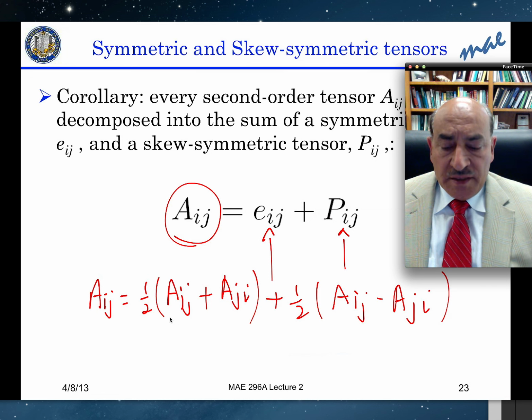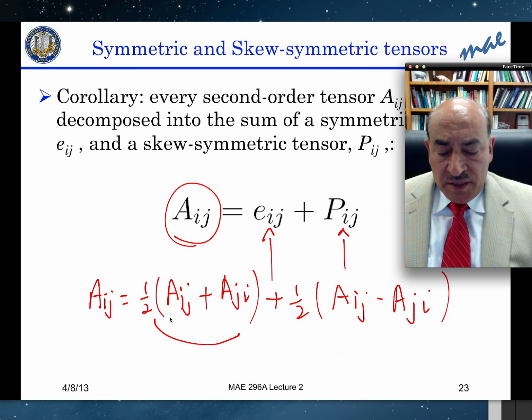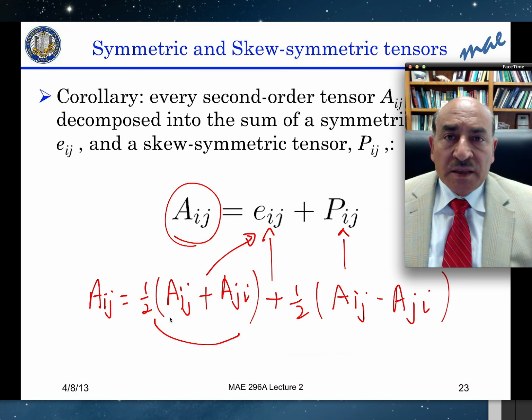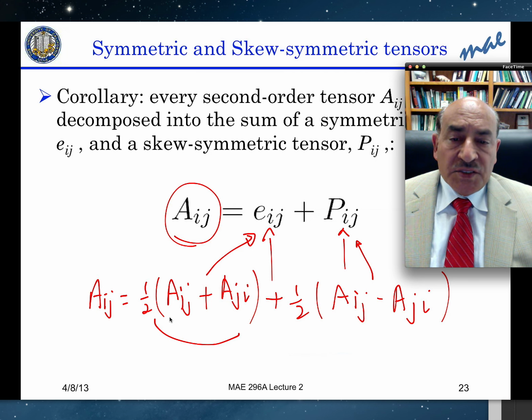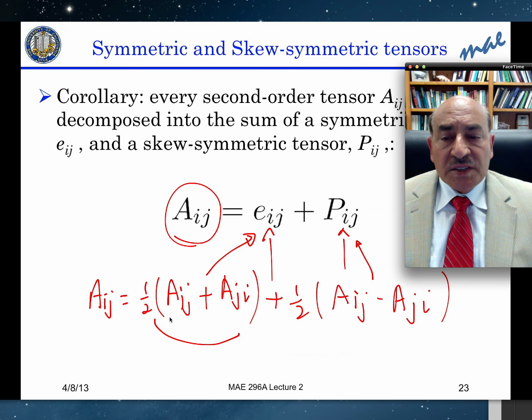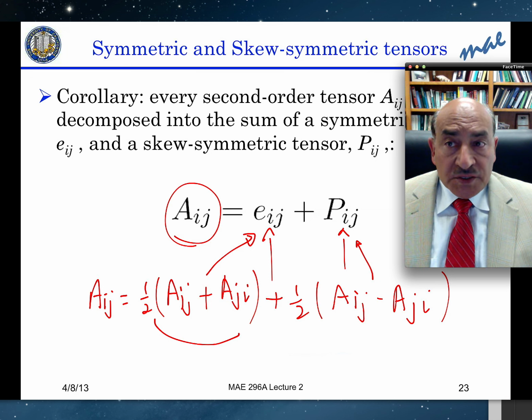So this first term is obviously a symmetric tensor, and this second term is the same as Pij, which is a skew-symmetric tensor in nature. And with that, we have finished a quick review of stress-strain relationships in 3D, and we're ready to move on to the next lecture in the course.